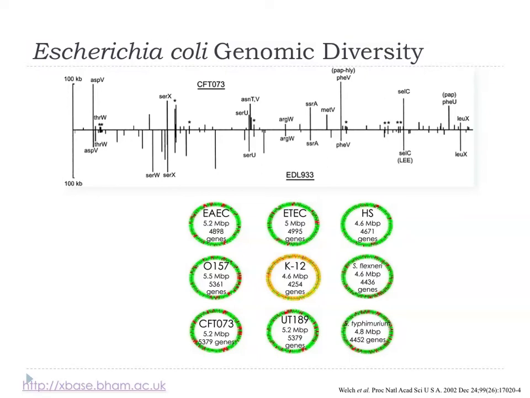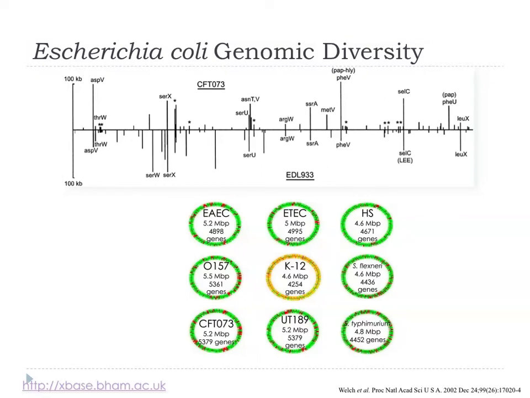So the genome above there, CFT073, is from a strain of E. coli that causes urinary tract infection. The one underneath is a strain that causes diarrhea. It causes actually enterohemorrhagic infection. And you can see all the way along there are these wedges of genes. They're not kind of randomly distributed, though. They do appear to be certain hotspots along the genome where you acquire new genes.